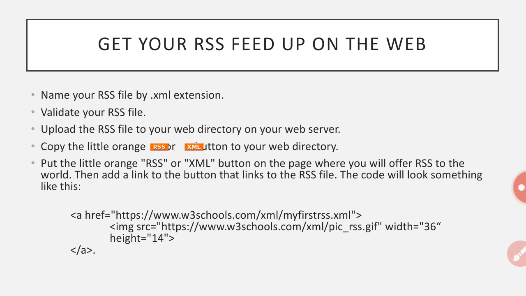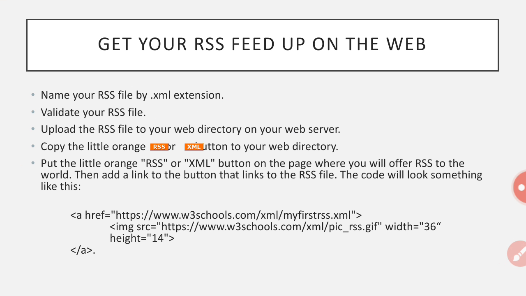The first step is name your RSS file with the .xml extension. After creating the RSS file, give it a name and give the extension .xml. Then validate your RSS file using some good validator. Then upload the RSS file to your web directory or website.